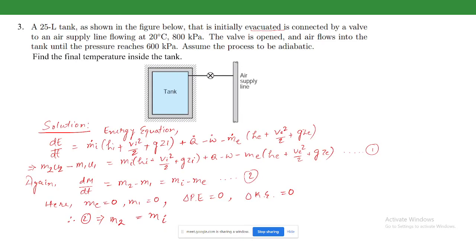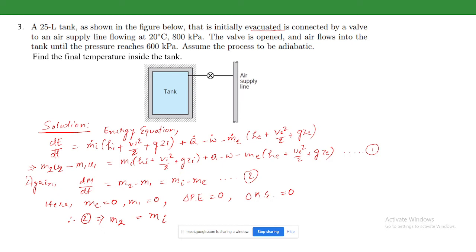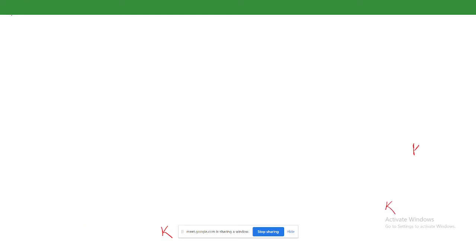From the energy equation, with the given considerations, m2u2 is equal to mihi plus q minus w.